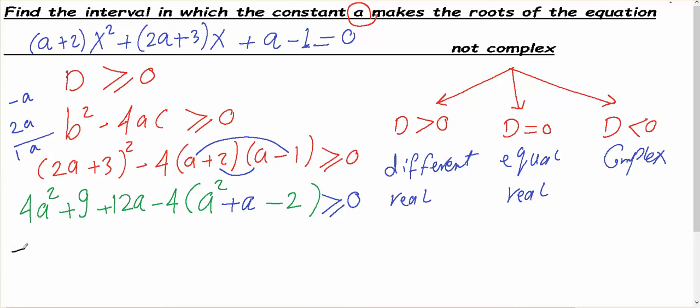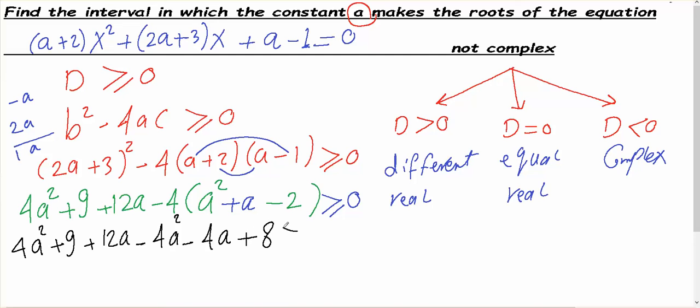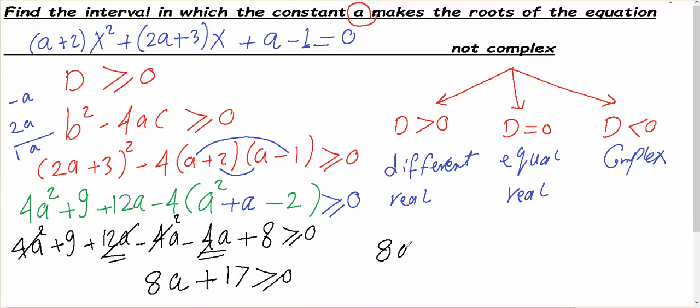Next step: 4a power 2 plus 9 plus 12a, negative 4 times a power 2 is negative 4a power 2, negative 4 times a equals negative 4a, negative 4 times negative 2 equals 8, greater than or equal 0. 4a power 2 minus 4a power 2 equals 0. 12a minus 4a equals 8a. 9 plus 8 equals 17, greater than or equal 0. 8a greater than or equal negative 17.